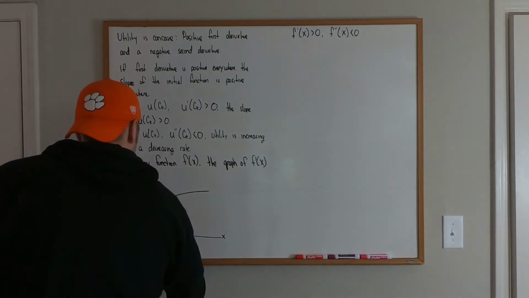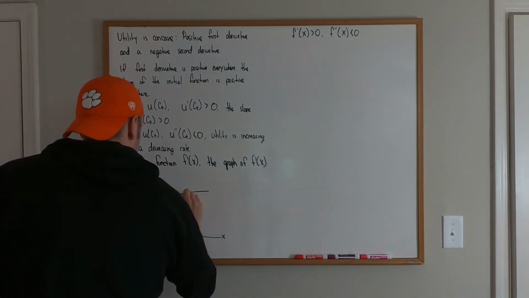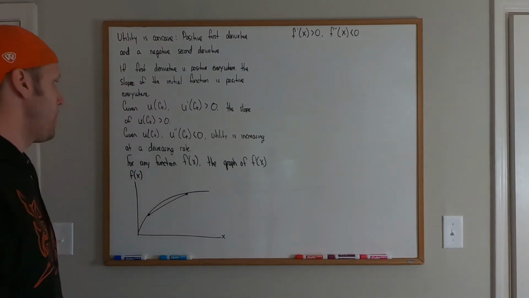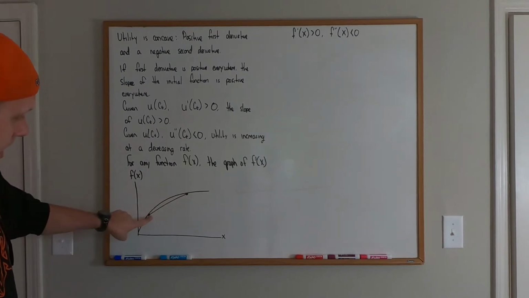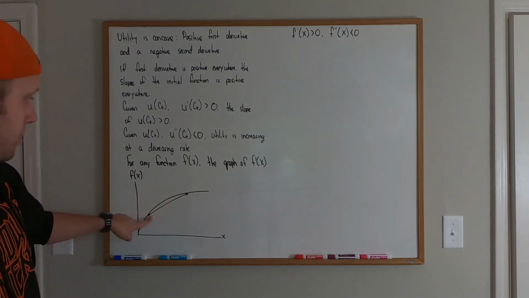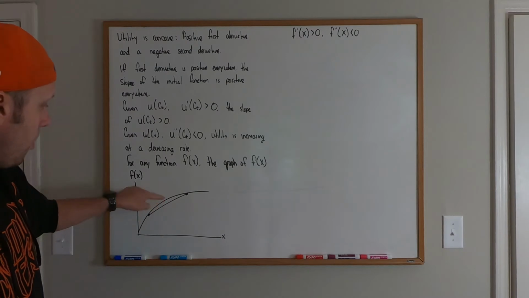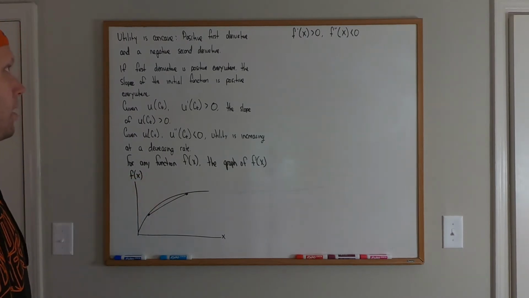Now, because any 2 points on the utility function that I choose to select will generate a line. If I want to connect those 2 points with a straight line, that straight line will always be underneath the curve.